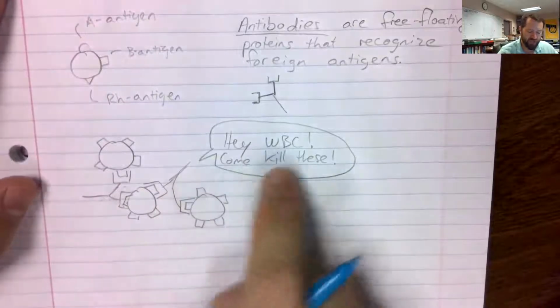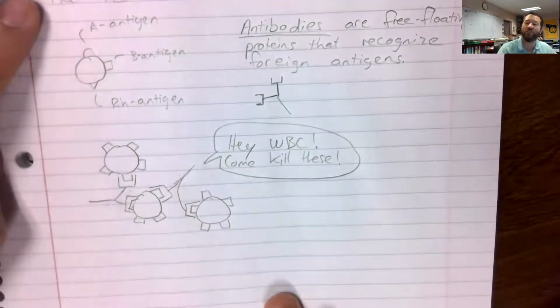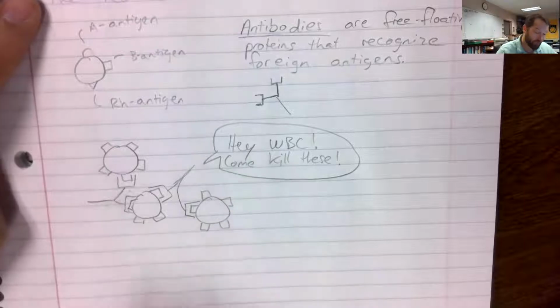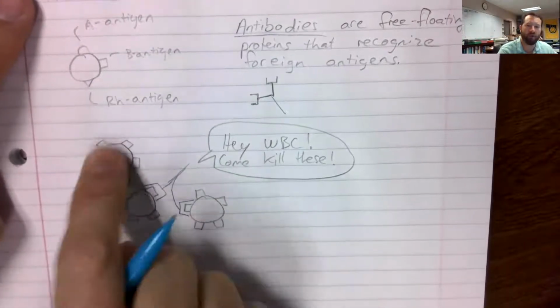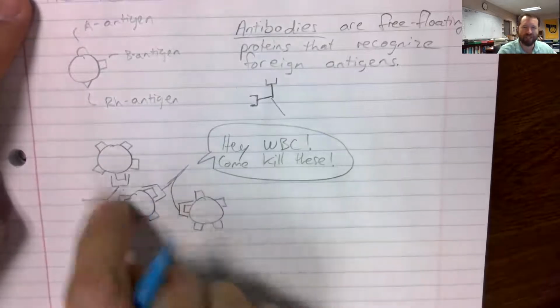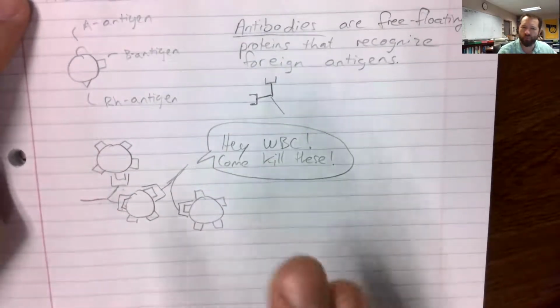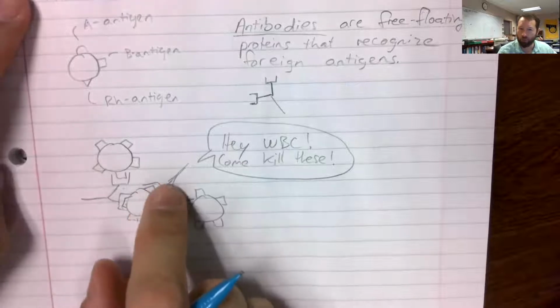So they send up a message, hey, WBC, which stands for white blood cell. They're our body's disease fighters. They're going to come around and almost literally chew up and spit out these cells. So, hey, white blood cell, come kill these cells. Come destroy them. They're foreign to us. We don't want them. Come kill them. And again, keeping them all in one place is good.